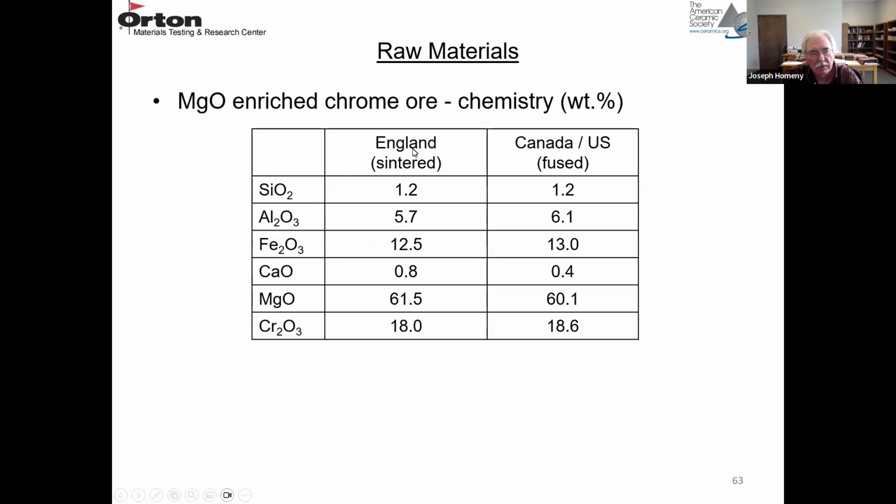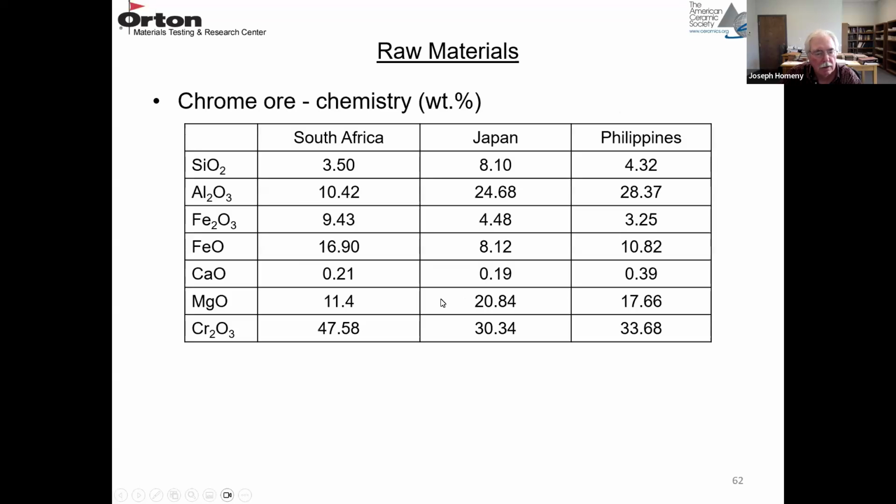Here's another example of an enriched chrome ore. So this one is enriched with MgO, and I'll go over why that's done in a few minutes. This is one from England, that's a sintered product. This is one from either Canada or US, that's a fused product. So you can see the MgO content is about 60% here. In these, this was about 11, 20, and 17.